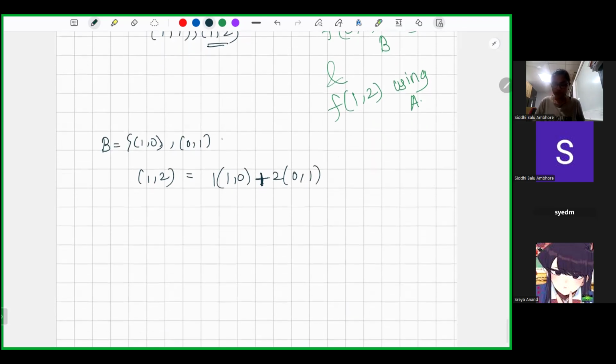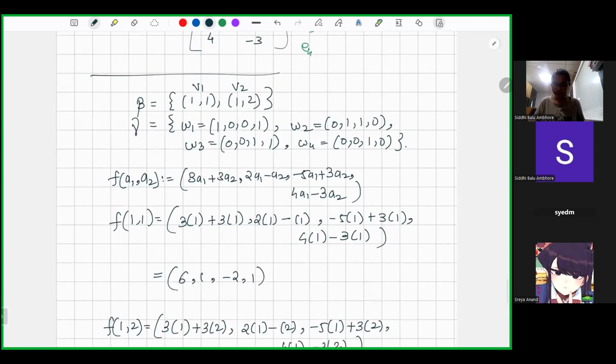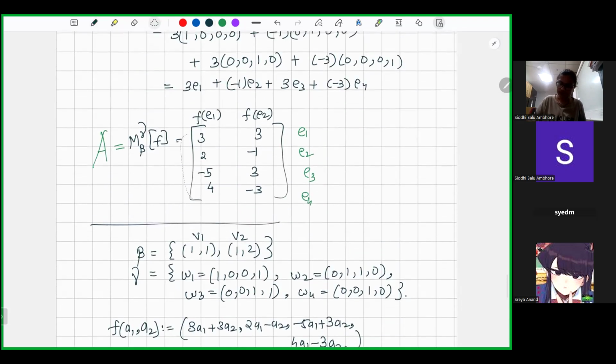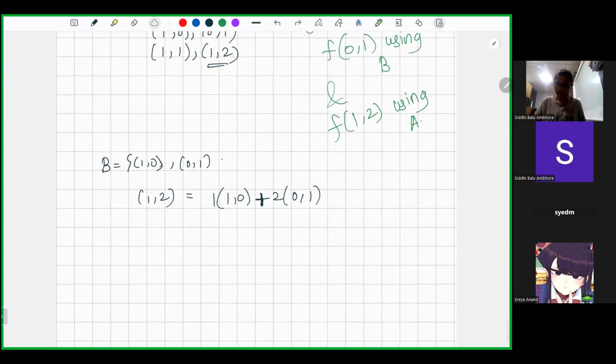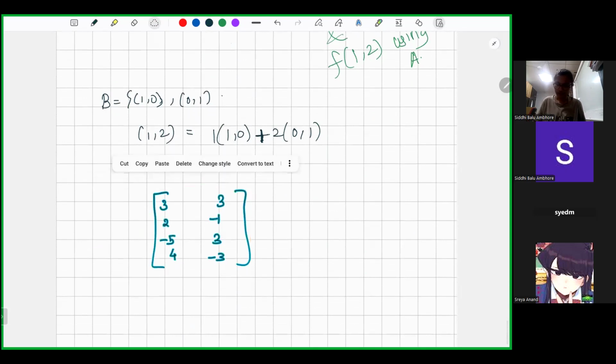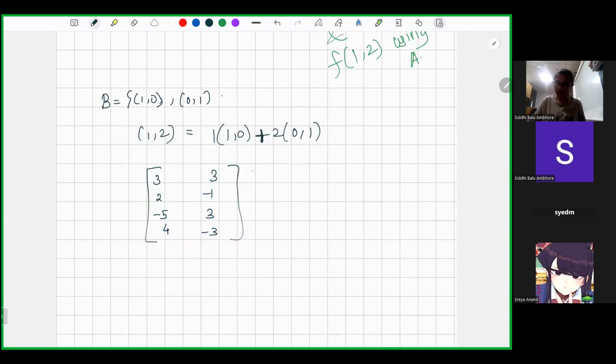So what I will do is I will copy this matrix A and multiply it with the coefficients I have here, that is 1 and 2, and I will calculate this.